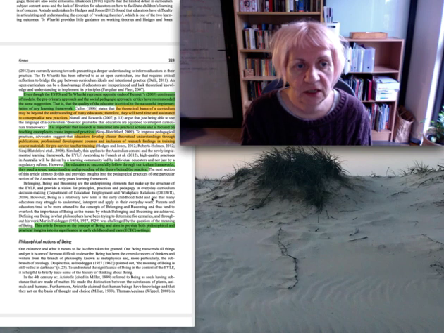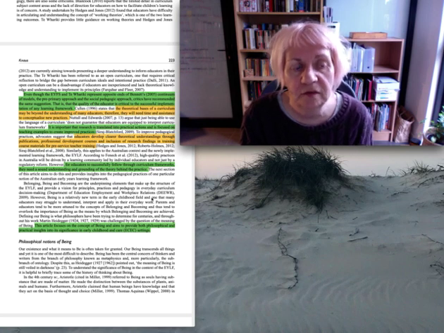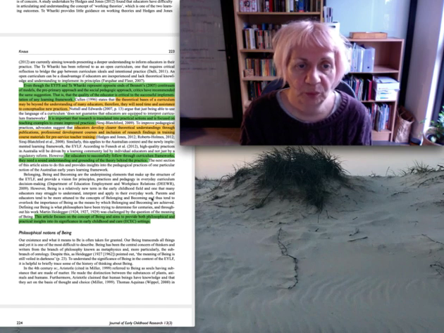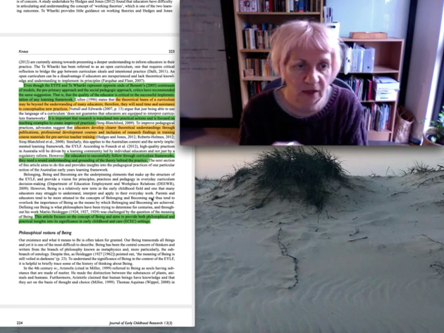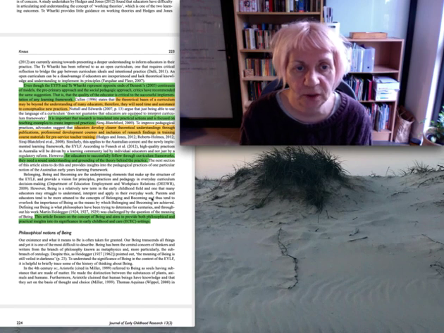And she says here, even though the EYFS, which is the UK framework, and Te Whāriki, which is the New Zealand framework, represent opposite ends of Bennett's continuum of models, the pre-primary approach and the social pedagogic approach, that's the two, it's like seen at different ends of an approach, and Bennett talks about the differences between them.